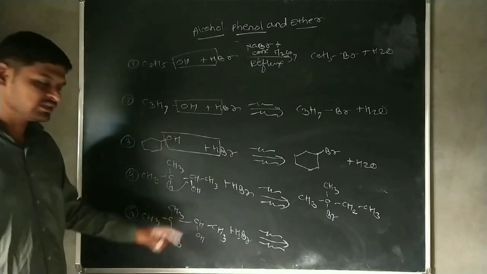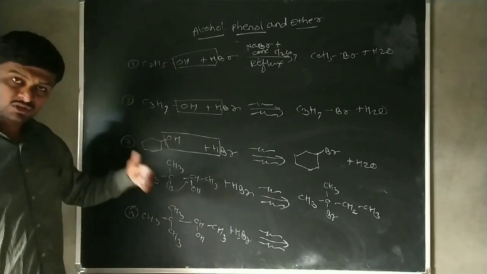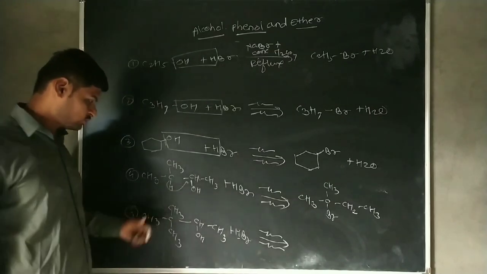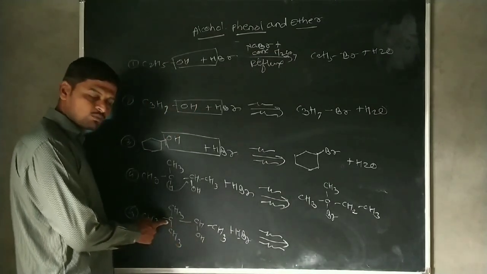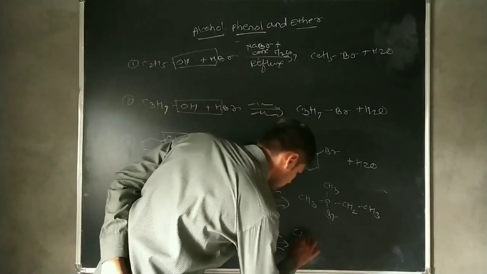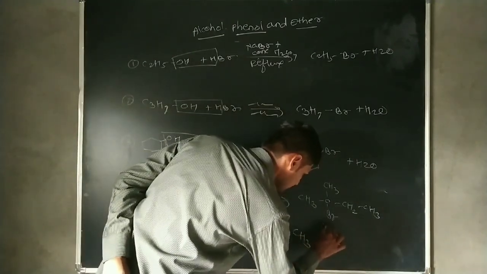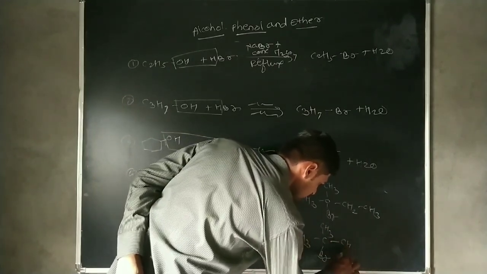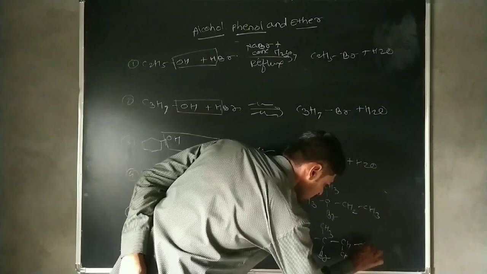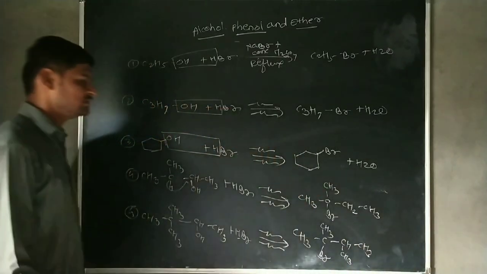That means this shifting is also included in the rearrangement reaction. Due to this rearrangement, the secondary carbocation gets converted into a tertiary carbocation, and the product is CH3, with the Br attached here, then CH, and the CH3 shifted to the secondary carbocation, forming CH3.